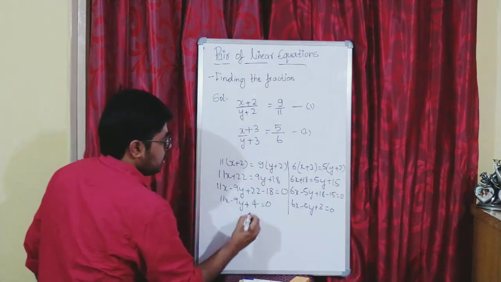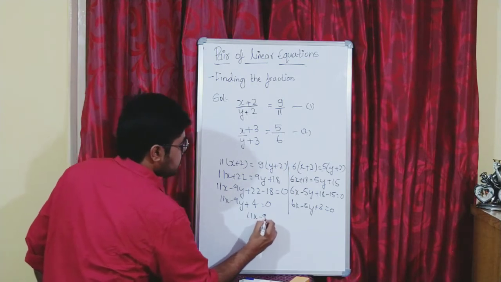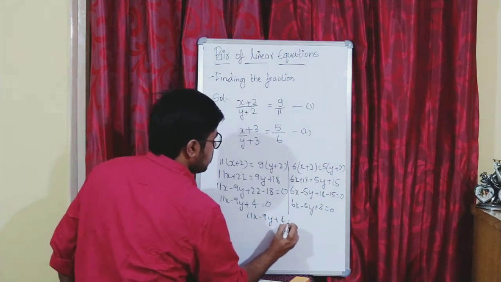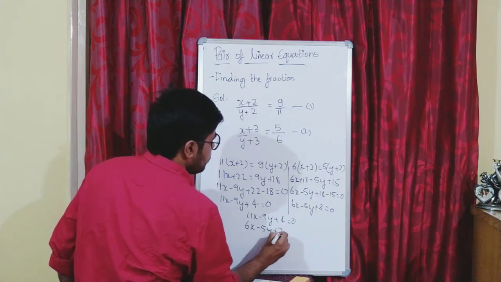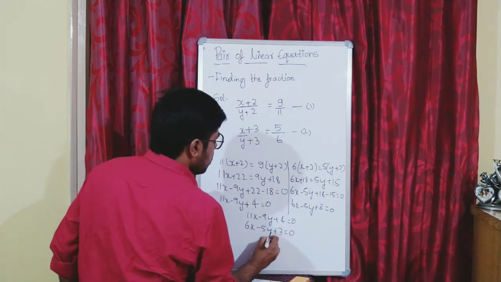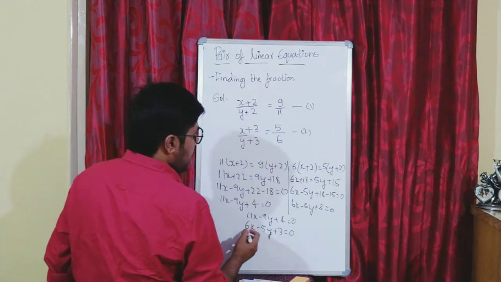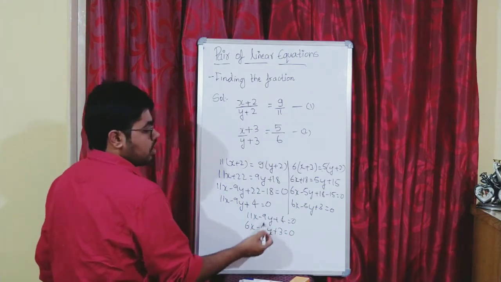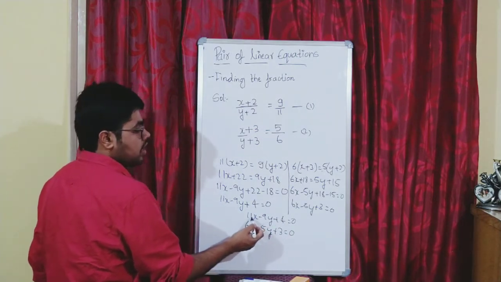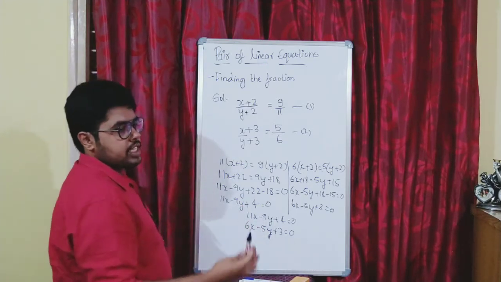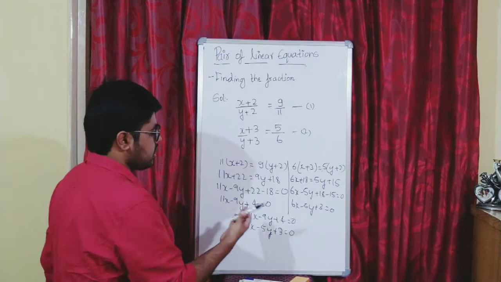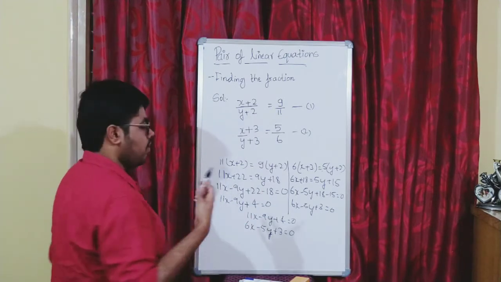See here, I hope you are not forgetting the elimination method. 6x minus 5y plus 3. So these are 2 equations. Now we know that we are unable to cancel this. In the elimination method, either the x term or the y term should be the same so that we can cancel it off. Here we see that neither x nor y cancels.